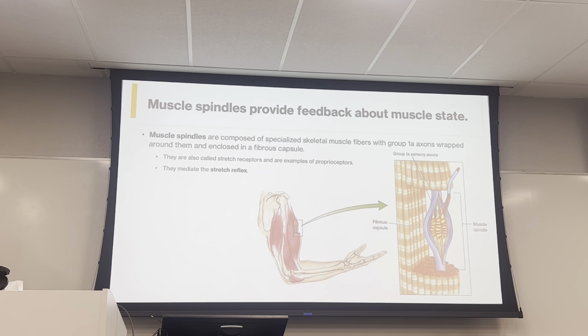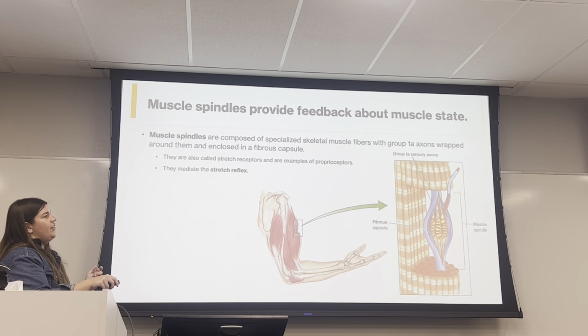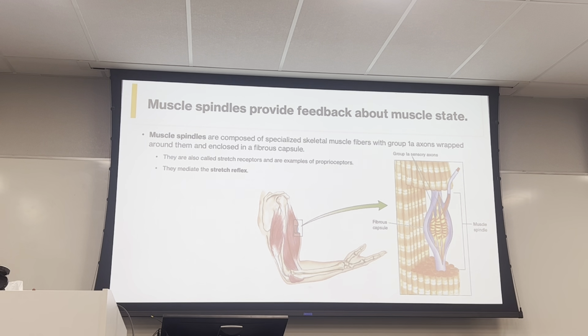If you remember, those axons are the ones of the largest diameter, meaning they are really quick to send signals out. All right? And then the whole structure is embedded in a fibrous capsule inside the muscle. Okay? We could call this a stretch receptor. Once again, it's monitoring how much the muscle's being stretched.